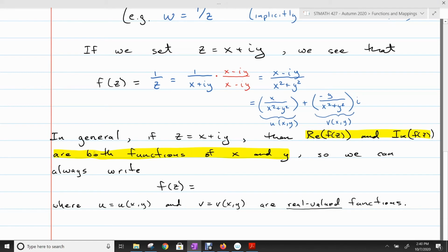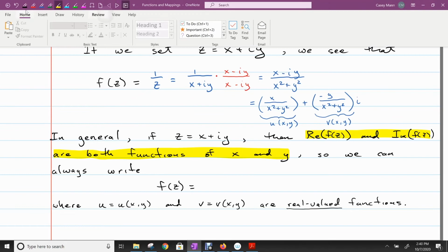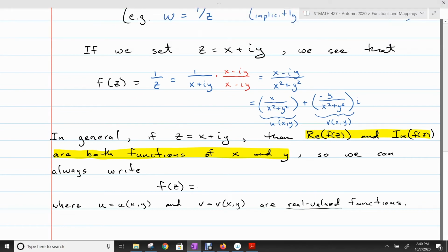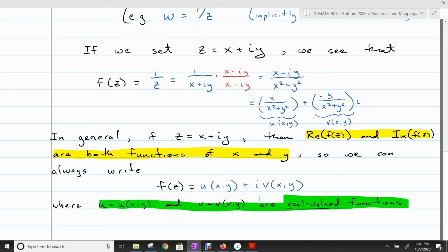And in general, we can assume that a complex valued function can be written in the form u of x comma y plus i times v of x comma y, where u and v here are both real valued functions, because the real part and the imaginary part of a complex number are real numbers.